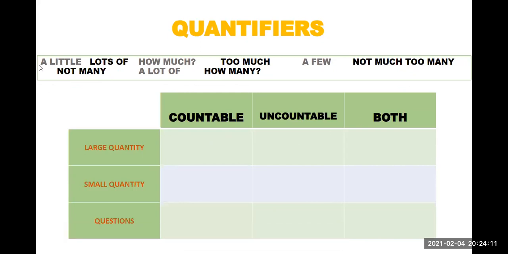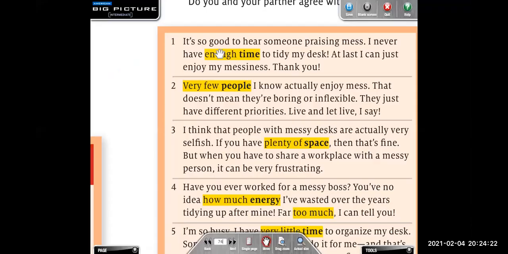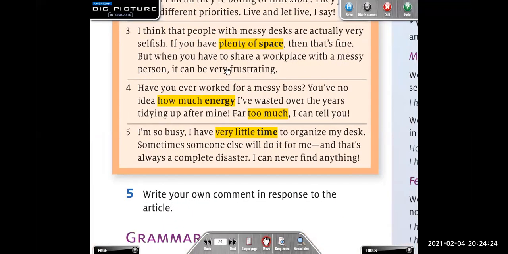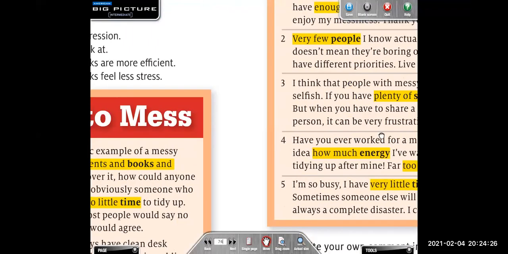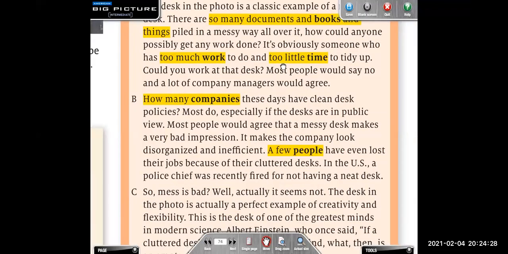Okay? For example, a little. When do we use a little? What do you think? For countable or uncountable nouns? Uncountable. Aquí pueden fijarse en los ejemplos que tenemos. Y ustedes fíjense si lo que le sigue es contable, incontable, plural, singular, ¿ok?